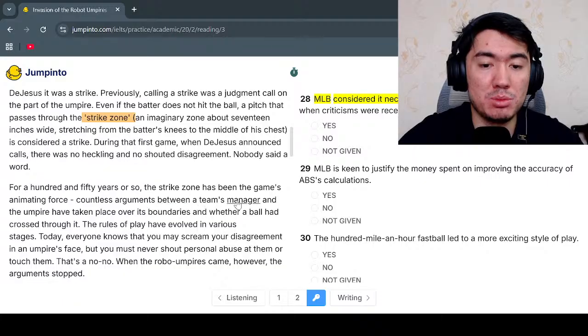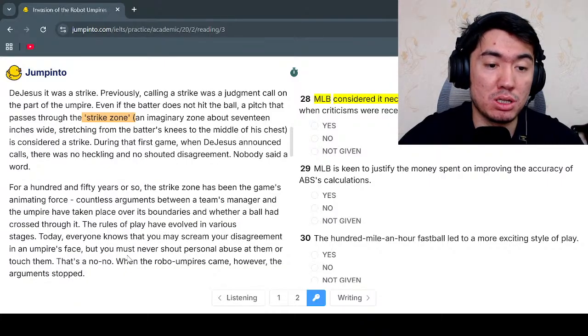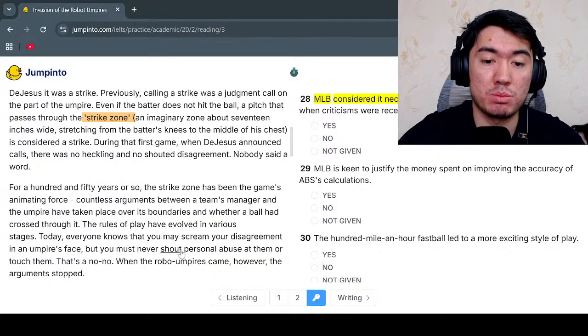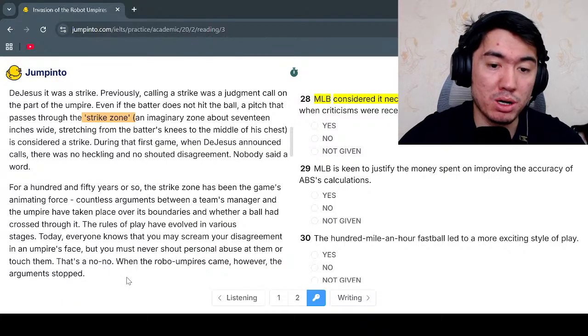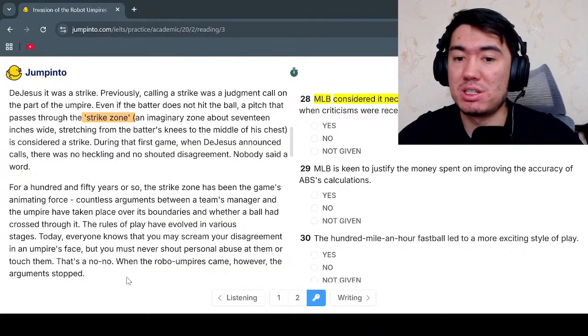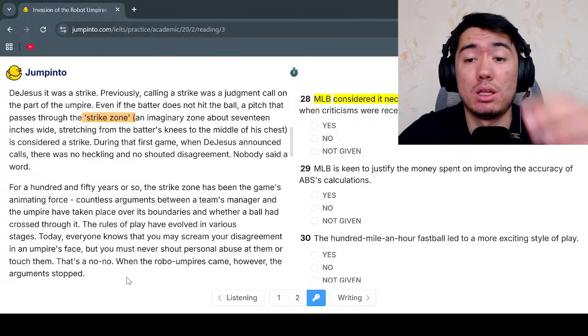Arguments between a team's manager and the umpire have taken place over its boundaries and whether a ball had crossed through it, have evolved in various stages. Everyone knows that you may scream your disagreement in an umpire's face, but you must never shout personal abuse at them or touch them. That's a no-no. When the robot umpires came over, the arguments stopped completely.